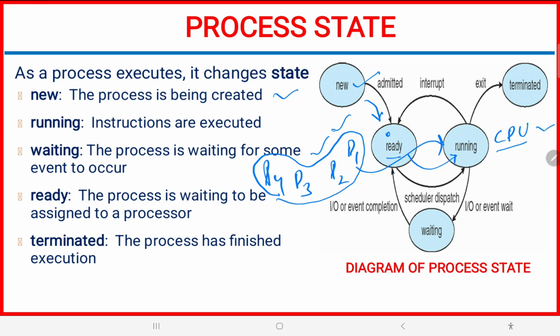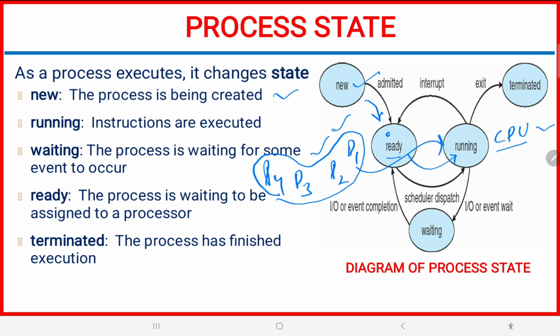I'm using two terms over here interchangeably: one is ready queue, and the other is ready state. I'm referring to the same thing. Why am I using the word queue? Because all the processes which are waiting for their turn for the allocation of CPU are basically placed in the ready state, so a queue is maintained over there.